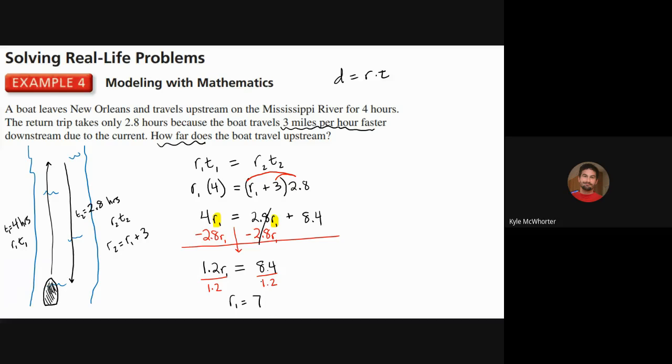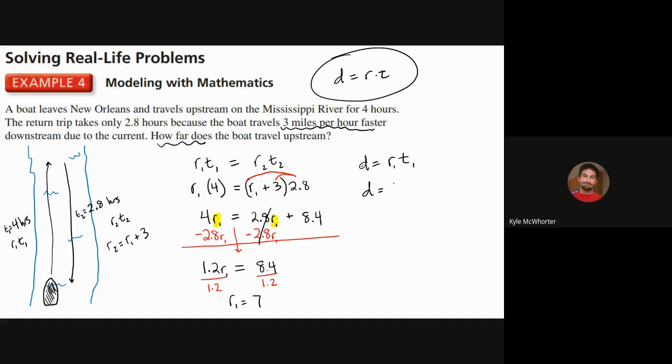Okay, so now how does that help us? We wanted to know how far the boat went upstream, right? Well, we can use D equals R times T to figure that out now, because we know the rate he was going upstream, and we know how long it took him. So we're going to use rate 1 and time 1 to get how far he went.